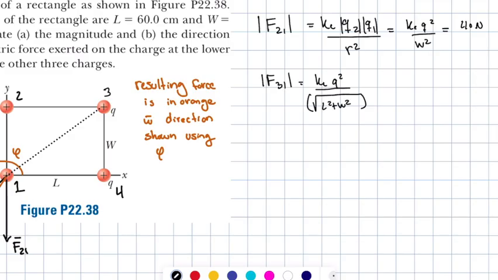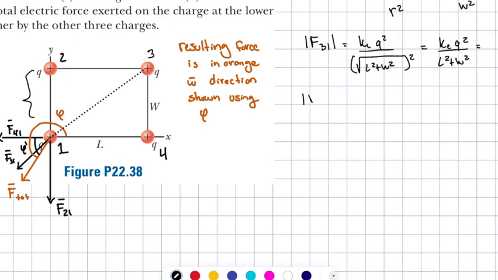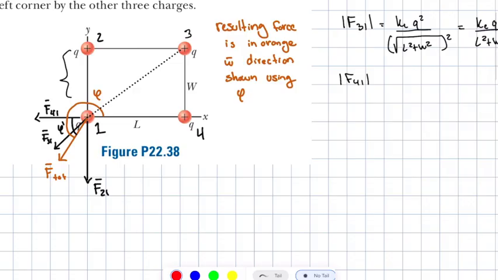But because it's R squared, that's squared. So that gives us k_e Q squared over L squared plus W squared. We plug in numbers for this one and we get a value of 2.35 newtons.